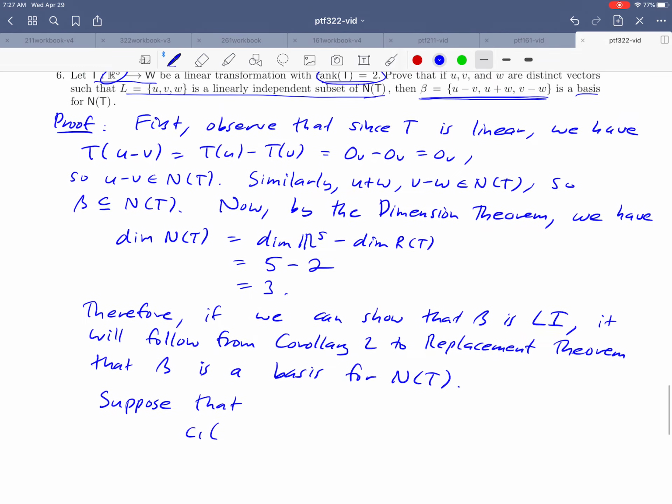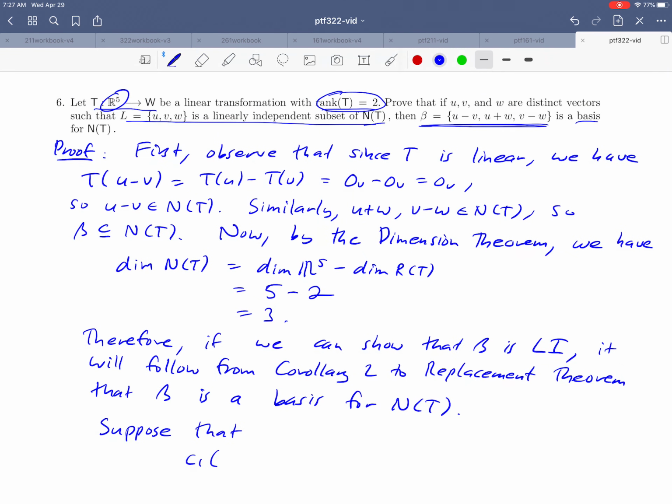In our case, let's take a peek at what our set was again. It had these three vectors in it, so we want to form a linear combination of those three vectors. Whoops, that's not V, it's U. C1 times U plus C2 times U plus W plus C3 times V minus W. We're going to set that equal to the 0 vector.